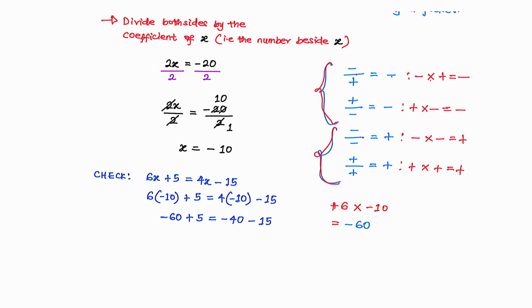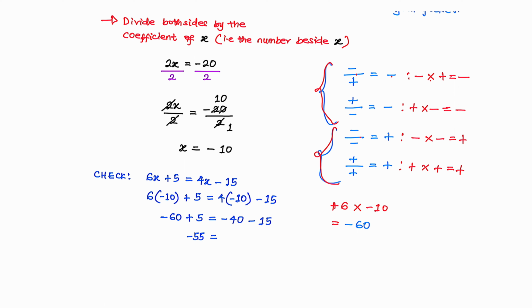Simplifying, negative 60 plus 5 means you are owing $60 and you have $5. Negative means owing, positive means you have. So that means you are owing $60 and you have $5. That means you still have a debt of $55. And that's equal to, the right side is minus 40 minus 15.